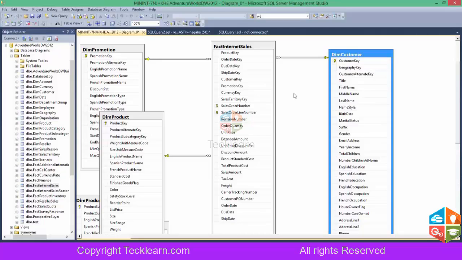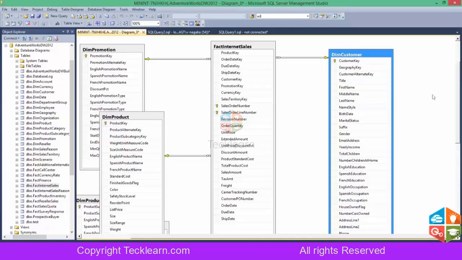The thumb rule for dimension is that it will hold something which will very rarely change, like customer information. More and more customers may come in, but customer name or customer language may not change very rapidly, right? Product information: new products may come, existing products change very rarely.